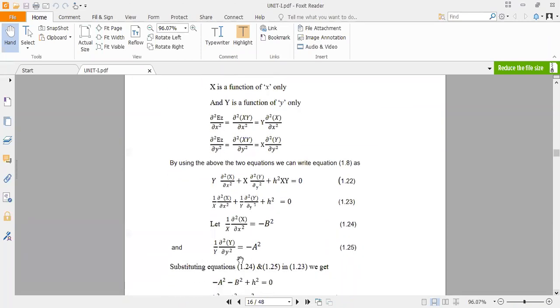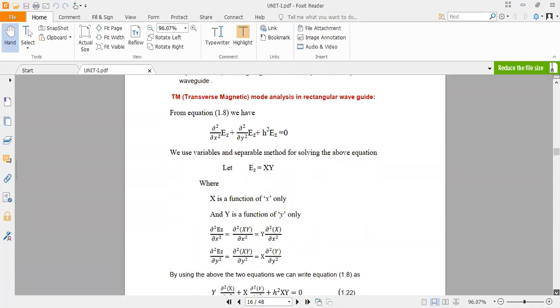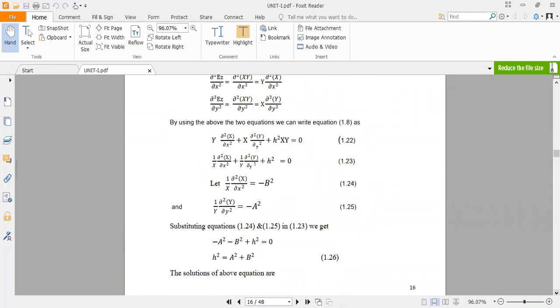Now, 1 by X, d square X by dx square is equal to minus b square, and 1 by Y, d square Y by dy square is equal to minus a square. Substituting in that basic expression, this is what we get, the expression 1.23.